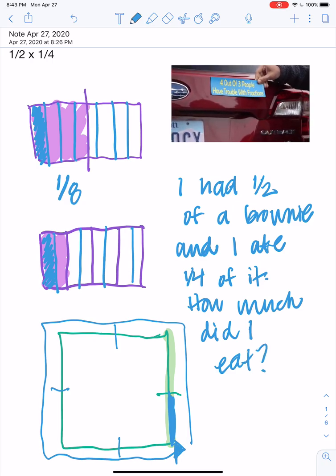So I purposely wrote this problem a little vague so we could talk about this. I had half of a brownie and I ate 1/4 of it. How much did I eat?